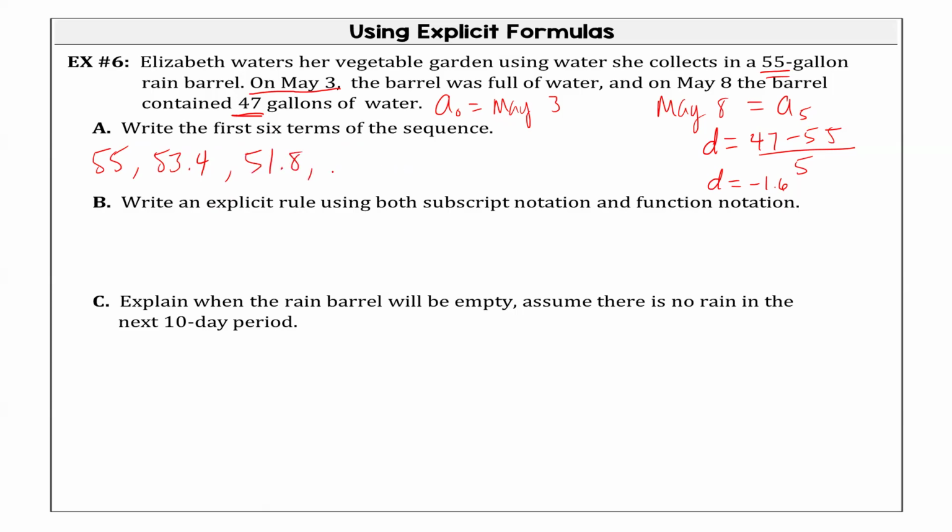Spend another $1.60. Because our difference is negative 1.6. And for some reason, when I use money, people subtract faster. So that's why I'm using money. 48.6 and then 47.